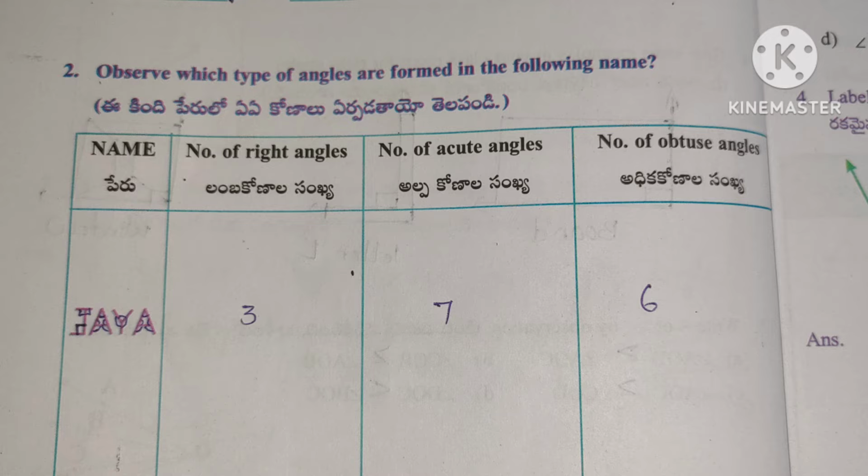Totally here number of right angles are 3 and number of acute angles are 7 and number of obtuse angles are 6.